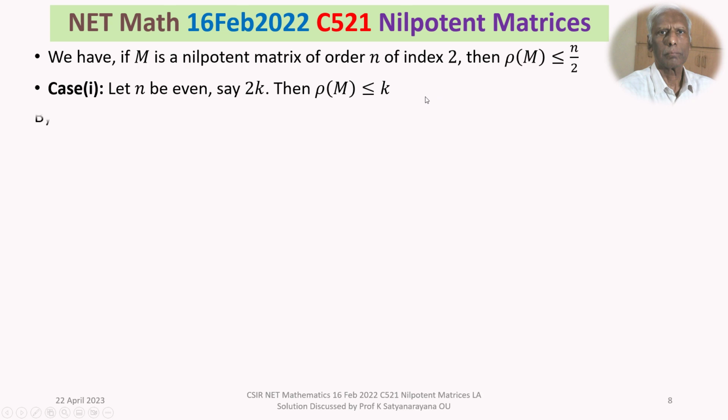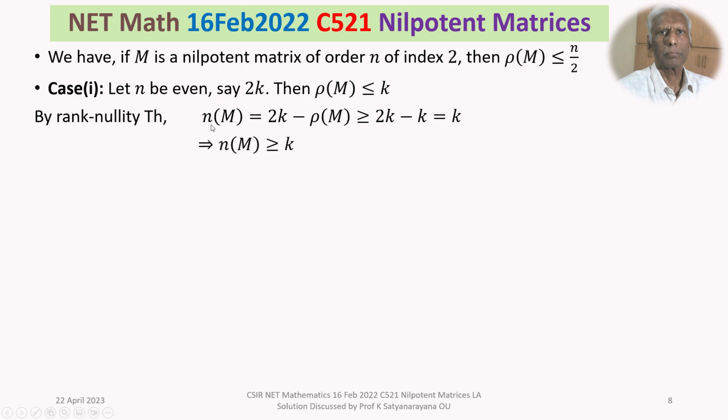Now, we use the rank nullity theorem. Then the nullity of M is equal to the number of columns, that is n, which is 2k, minus rank of M. But rank of M is less than or equal to k. So, this will be greater than or equal to 2k minus k, that is equal to k.